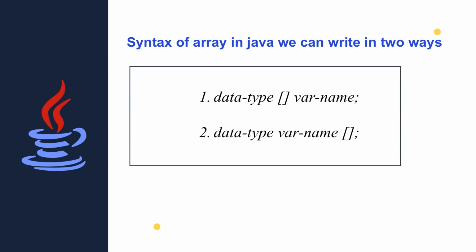So what are arrays? An array is a finite collection of similar elements stored in adjacent memory locations. Finite means there is a specific number of elements in an array, and similar means all elements in the array are of the same type. For example, an array may contain all integers or characters, but not both.